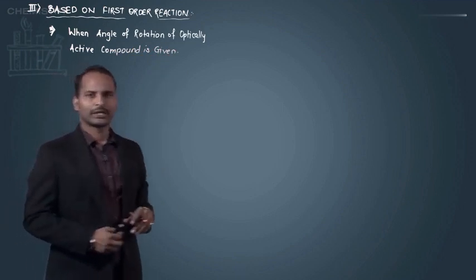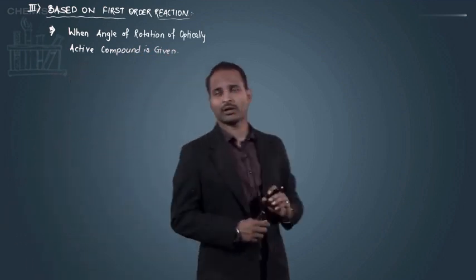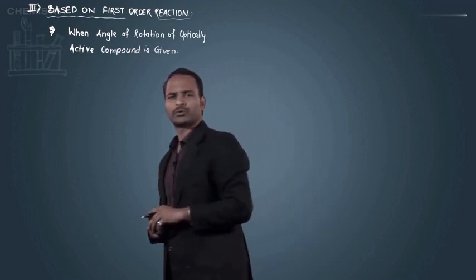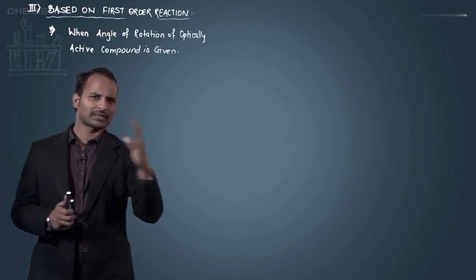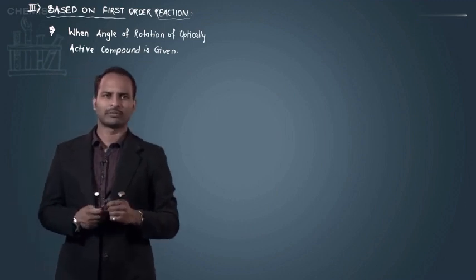So if the optically active compound is given, then for an optically active compound, the angle of rotation will be given. The formula is exactly like the volume formula.